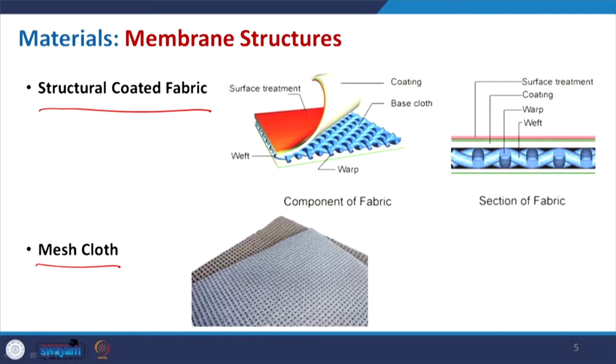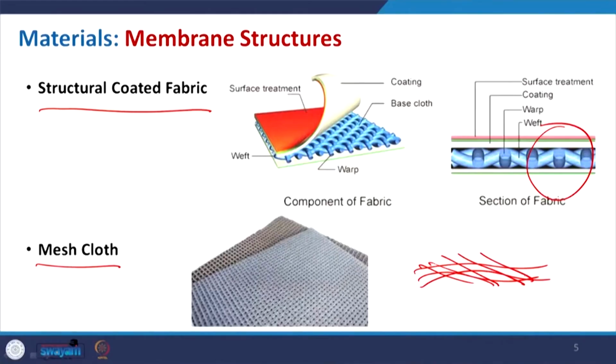If you see, this is a typical cross section of that particular image, where this is basically the vertical and horizontal, like your two-way x and y direction, the fabrics actually make this arrangement, and this woven form is then protected with a structural coat.